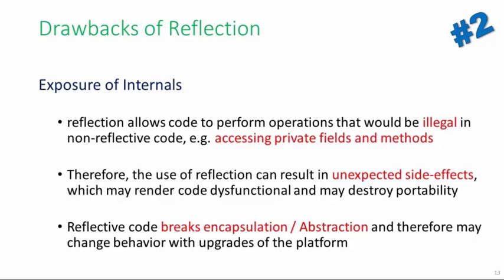Second drawback that we are going to talk about: exposure of internals. This one is interesting because with metaprogramming, you can potentially do things that completely obliterate the concept of encapsulation and abstraction that we talked about previously. The whole deal with encapsulation and abstraction is that you are able to hide things from other programmers. Well, if that other programmer is using the reflection techniques we're going to discuss in this class to access your classes and the objects of your class, they can completely bypass the fact that a field is private.